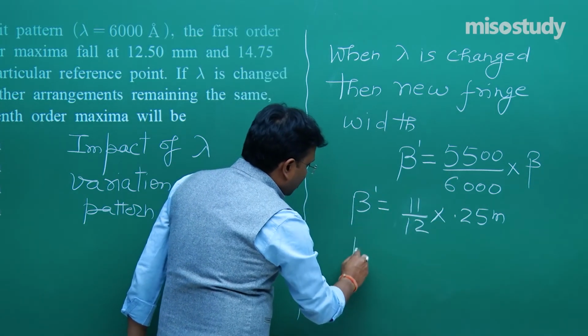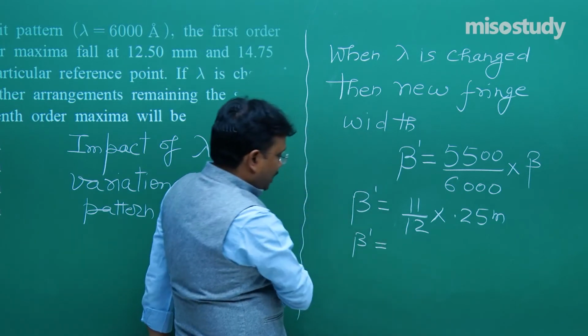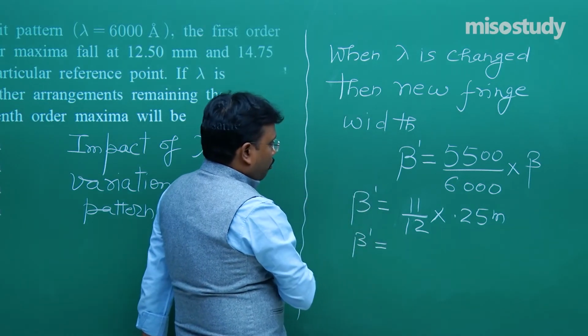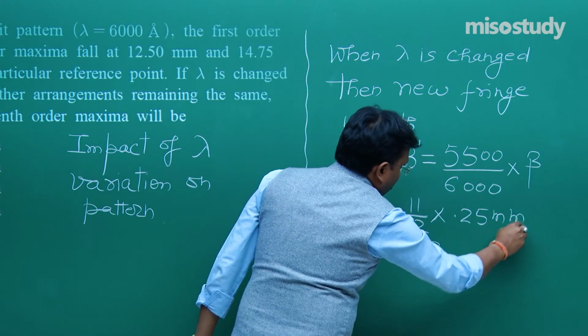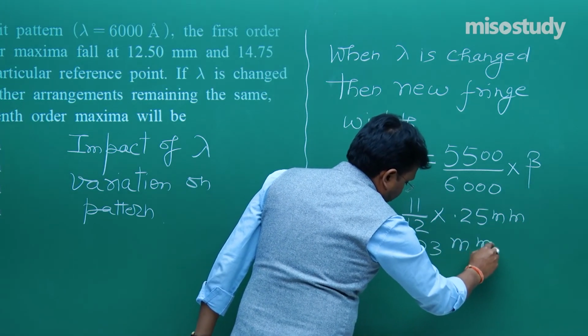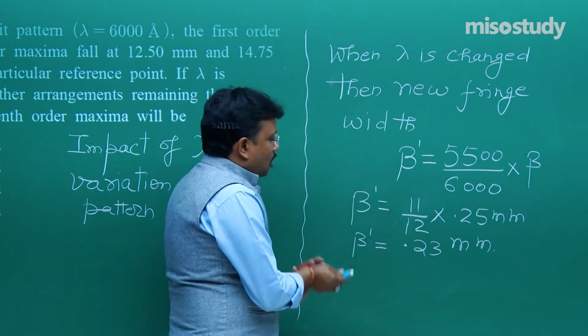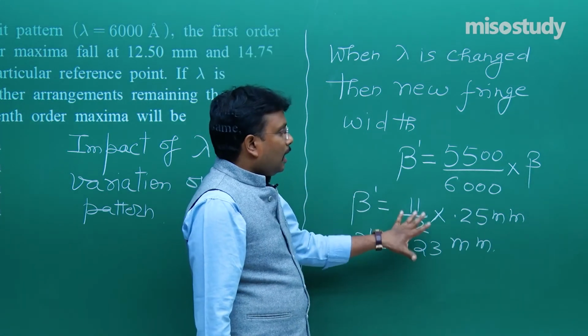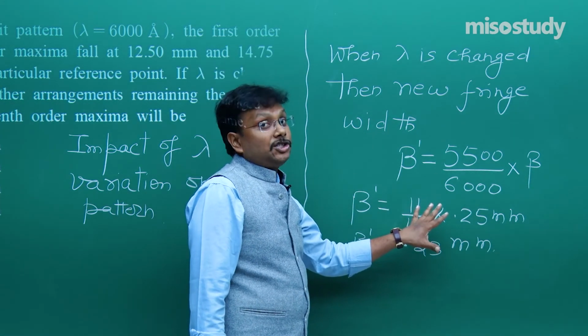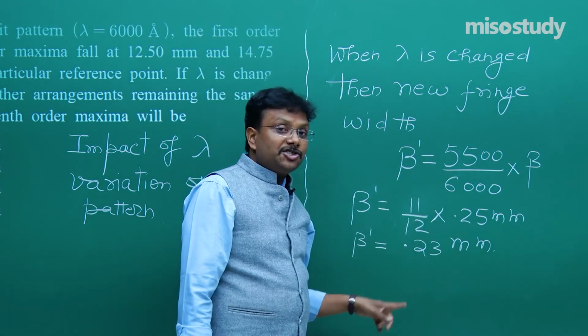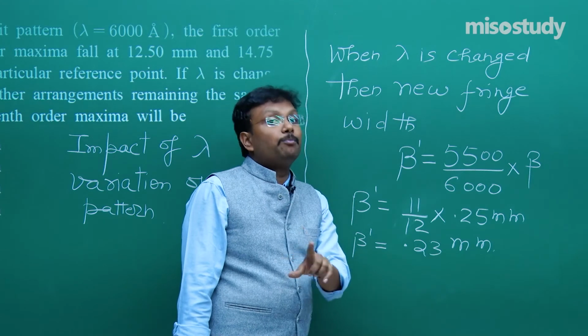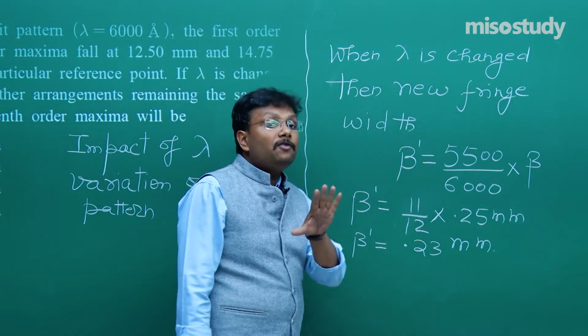When we solve it, it will give us beta prime equal to 0.23 mm. So, this is the new fringe width when you are changing the wavelength. This is again very important, the way I mentioned how lambda change will produce changes in the fringe width.